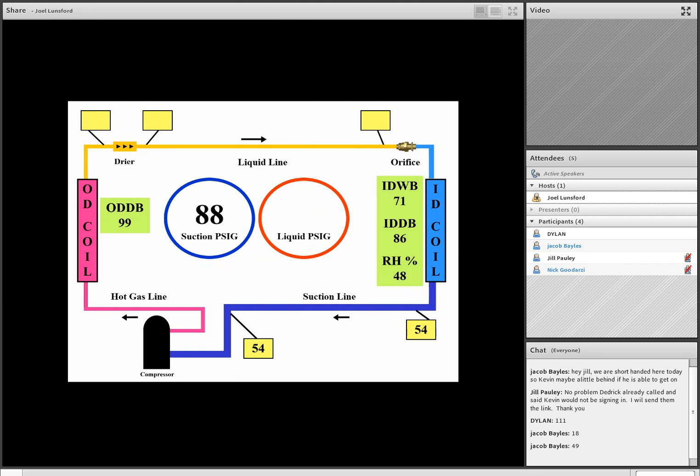What should the superheat be? Anybody in that example? What should our superheat be? Off the chart. Anyone?